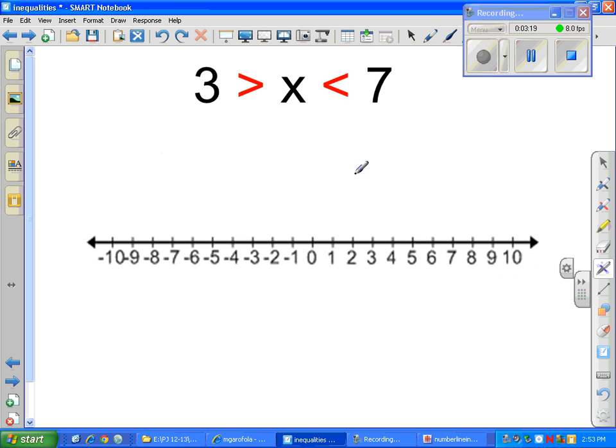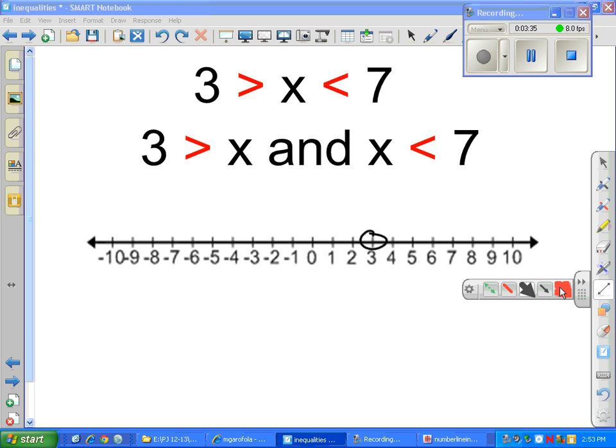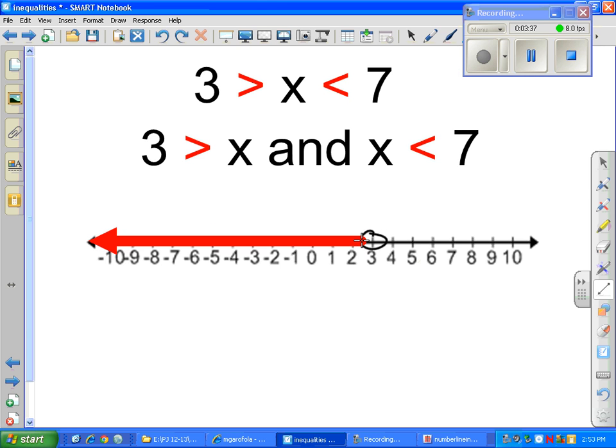What about if it looked like this one here? This is the last possibility, where we have 3 is greater than x and x is less than 7. If we broke that one apart, it would look like this. So x is less than 3 and x is less than 7. Well, we know what x is less than 3 would look like. And x is less than 7 would look like this.